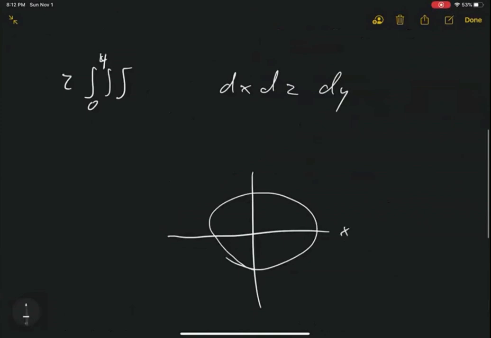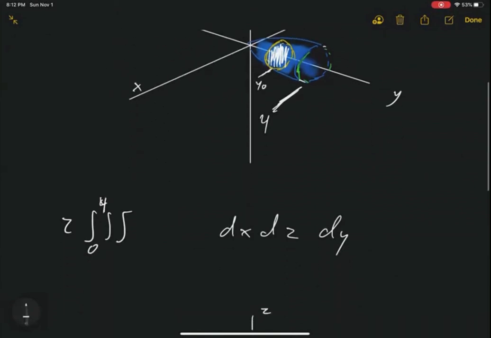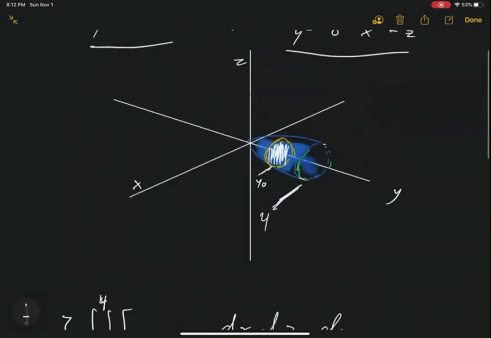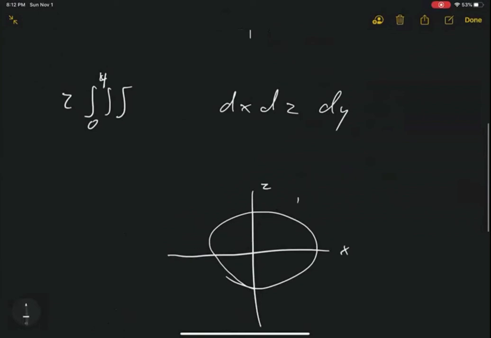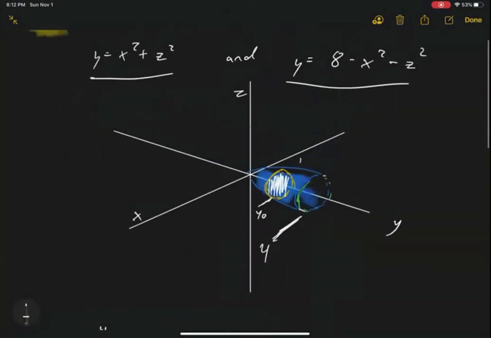This would be the x-axis. This would be the z-axis. Now let's say this circle is at a particular y value, call it y0. So we get a circle. What's the outer edge of this circle? Well, it's the outer edge of my surface, and this is given by the equation y equals x squared plus z squared.